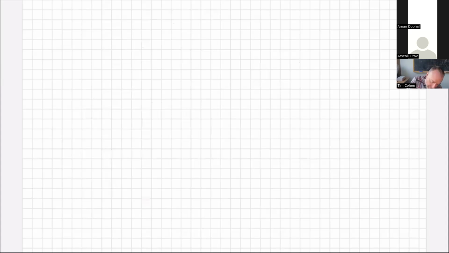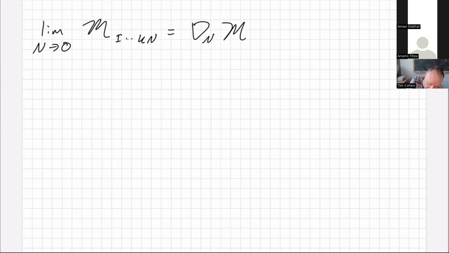then I can write these stripped amplitudes, I, K, N, as, in the limit, this is just schematic, where I take the leg N, the momentum of the leg N, to zero, then this turns out to be equal to a covariant derivative in field space acting on the lower point stripped amplitude.